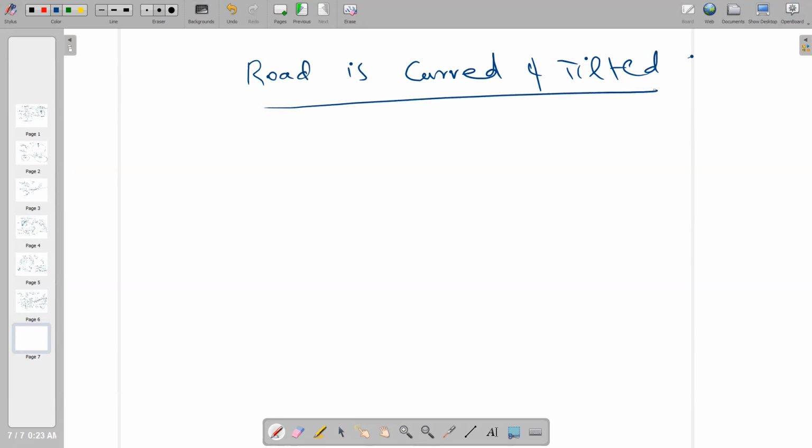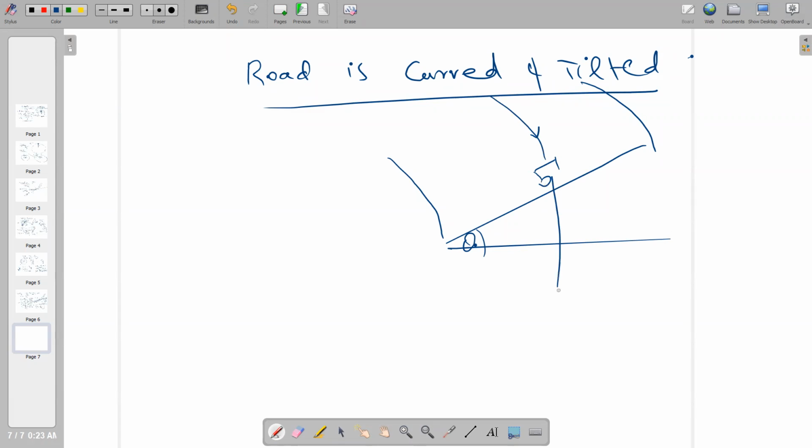And tilted means what? Here you can see that this is the road. This side is up and this side is down, and the angle is theta here and the car is moving in this direction. So the weight is vertically downward. The normal reaction is upward.